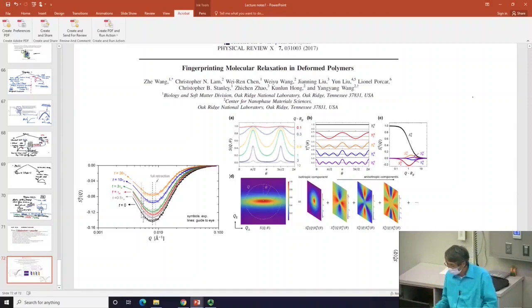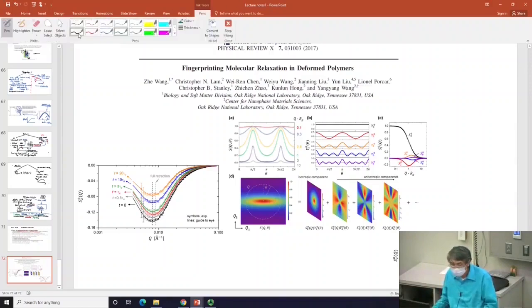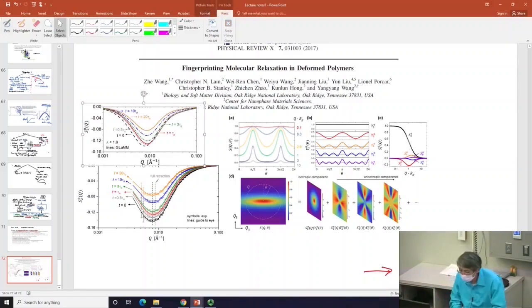So according to the tube model, which is on the lower left here, the peak of this so-called second spherical harmonic will remain at the same place up to tau r before chain retraction. So this is the tube model.